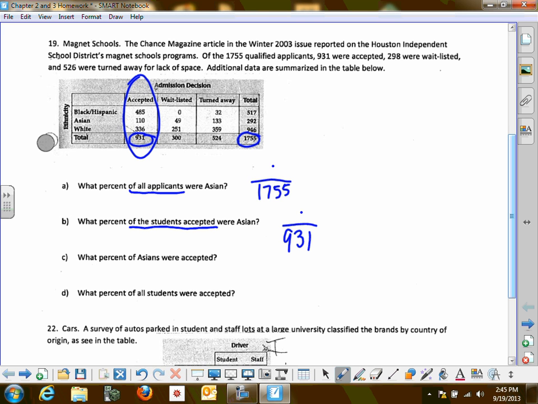Next, what percent of Asians? So that means you're looking at this thing right here. So what percent of the Asians? And so that means 292 is your denominator, were accepted. Okay, that's all I'm doing on that. And you'll finish filling them out. I'm just not trying to give you all the answers.